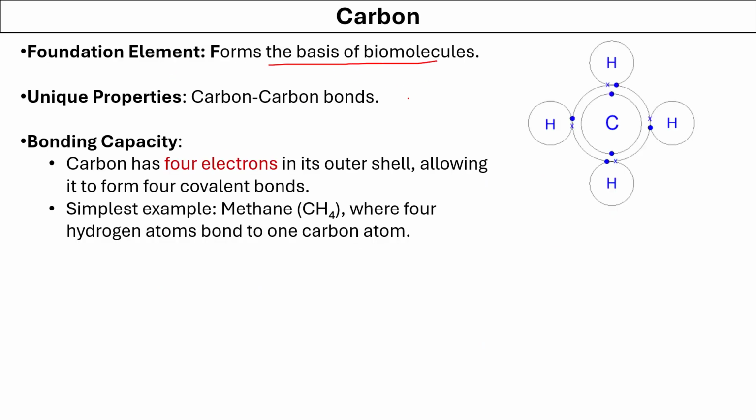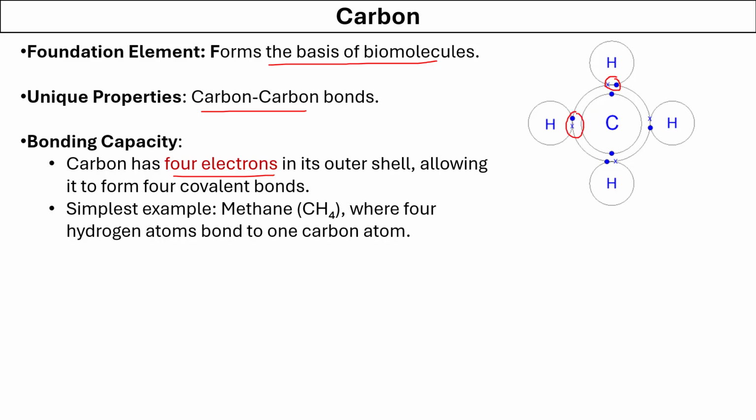So carbon forms the basis of almost all biomolecules. It has a very unique property of making carbon-carbon bonds. Now carbon has 4 electrons in its outermost shell, and here you can see the circle ones are the electrons of carbon and the crosses are the electrons of hydrogen. So it can form 4 covalent bonds.